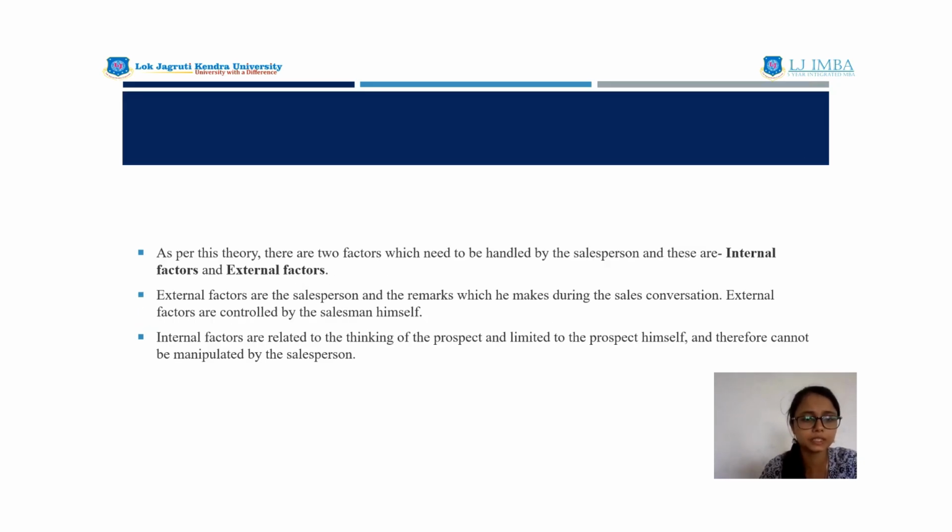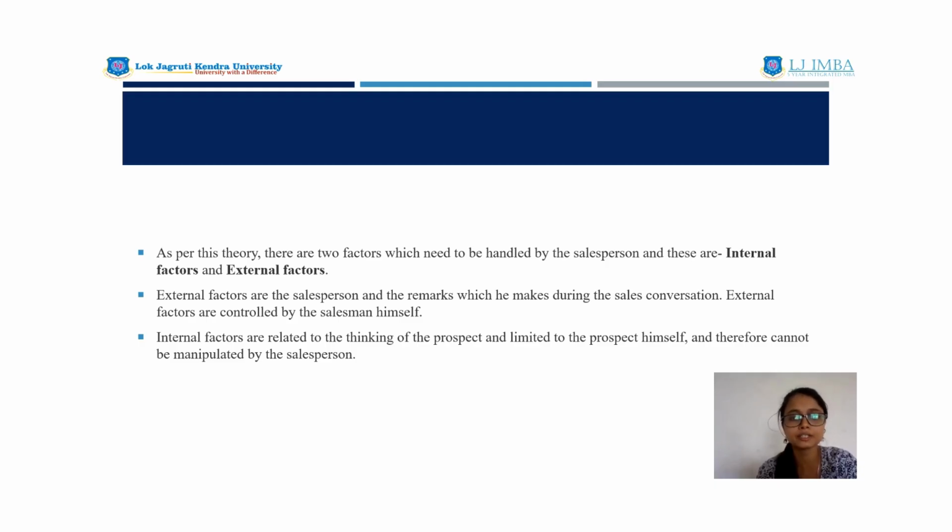As per this theory, there are two factors which need to be handled by the salespersons, the internal factors and the external factors. External factors are the salesperson and the remarks which he makes during the sales conversation. External factors are controlled by the salesman himself. As I said earlier, this is a seller oriented theory.